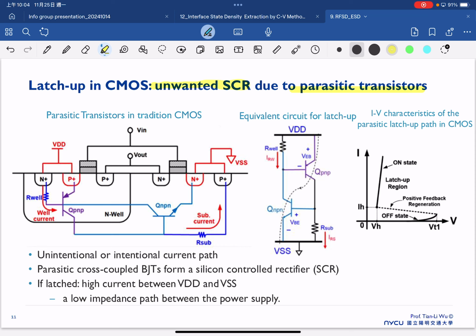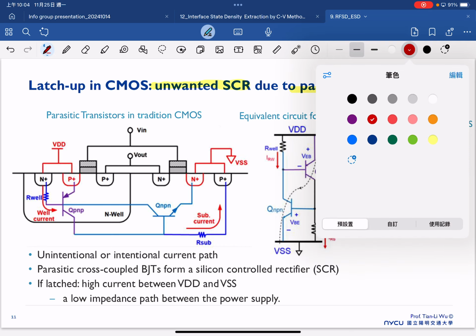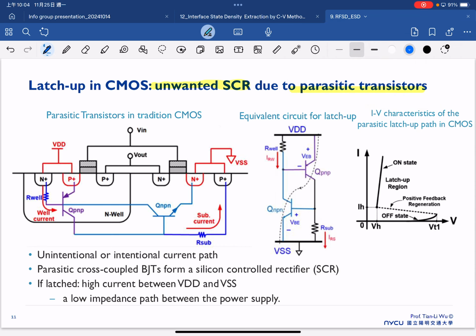So here is a typical CMOS. As you already know, the CMOS is a circuit that combines two different types of transistor. At the bottom is the N MOSFET. At the top is the P MOSFET, and we have the V in and also V out here.